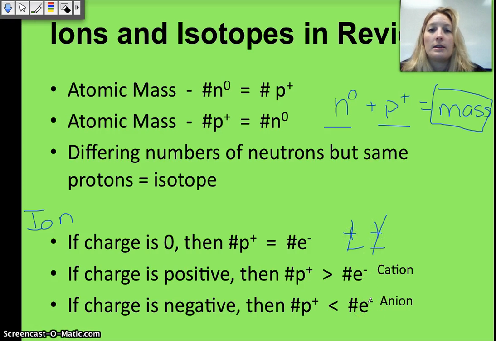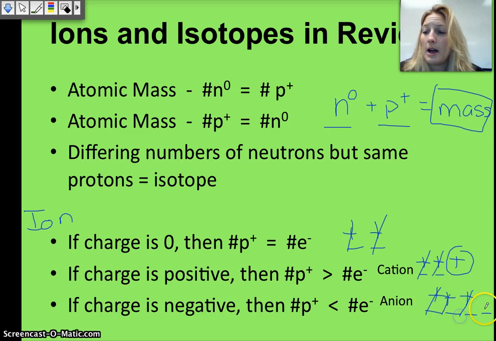And if the charge is positive, then the protons are greater than the electrons. That means we've lost an electron, and this doesn't neutralize. If the charge is negative, then the protons are less than the electrons. So we have more electrons than protons. Neutralized, neutralized, neutralized. Negative charge left over.